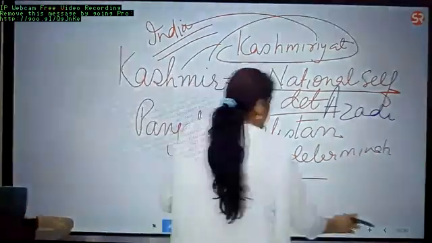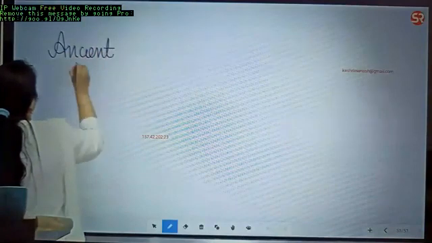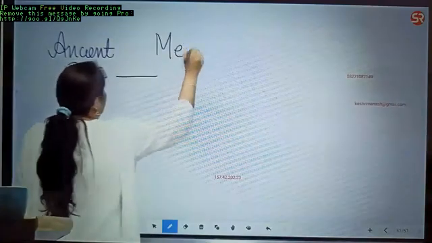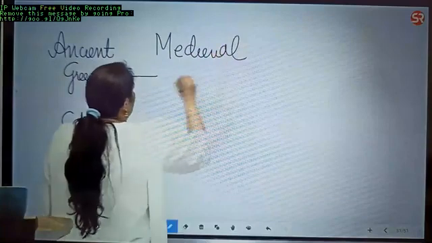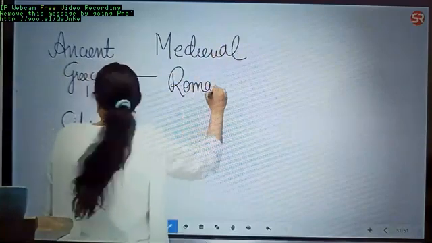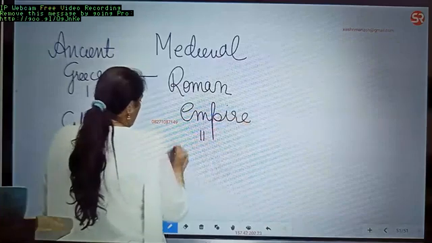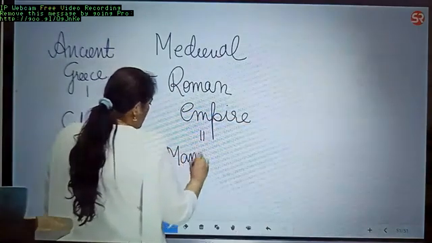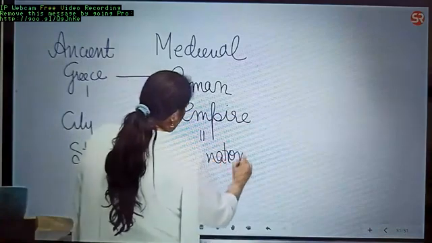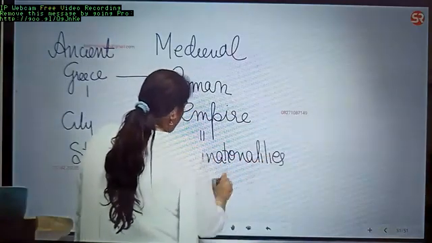So now let us reconnect the threads. Let us go back to the European history. So ancient Greece, city states. Next, medieval time, the Roman Empire. What is empire? Where many nationalities are clubbed.